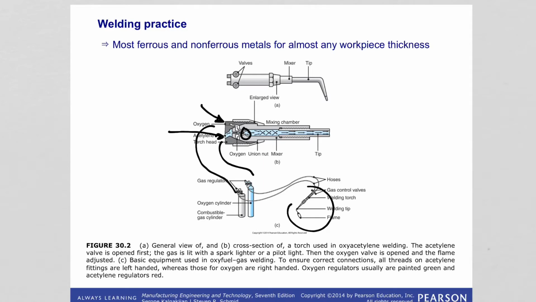Here is this torch here, which is attached with the hoses to the gases. Basically, this is the basic equipment we use in oxygen gas welding. This is basically a simple process, versatile, portable, economical.